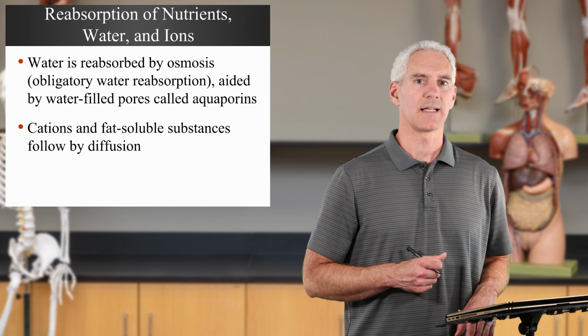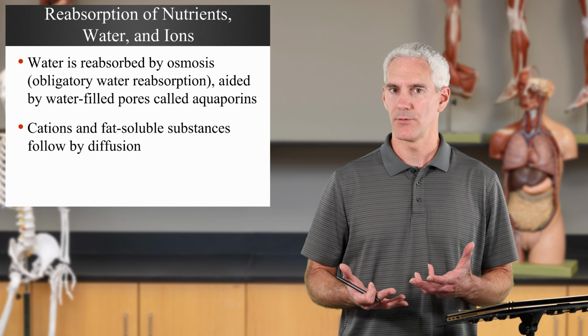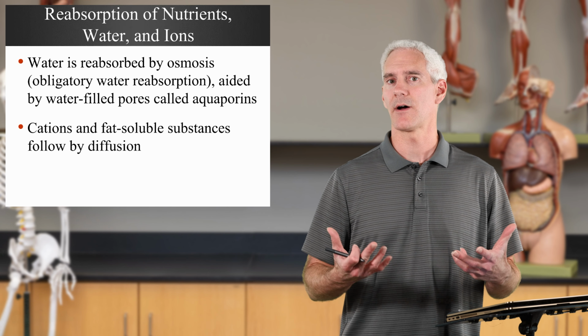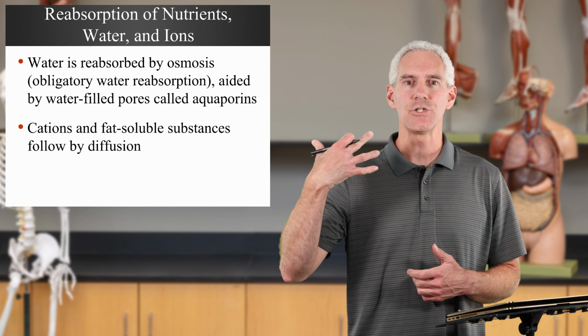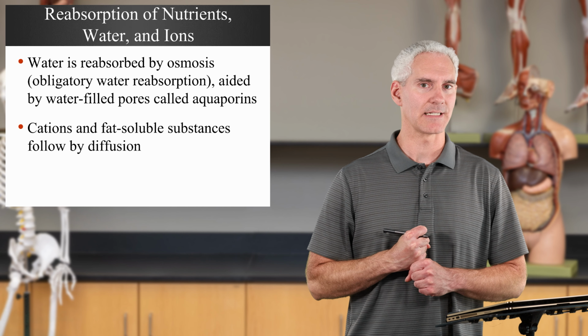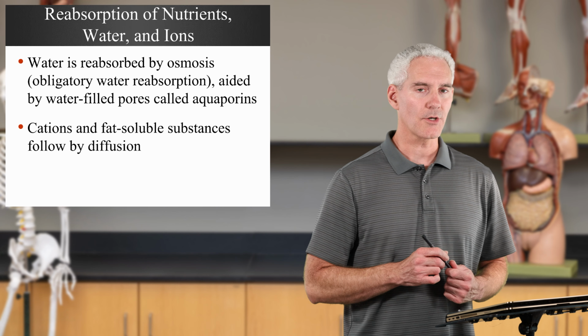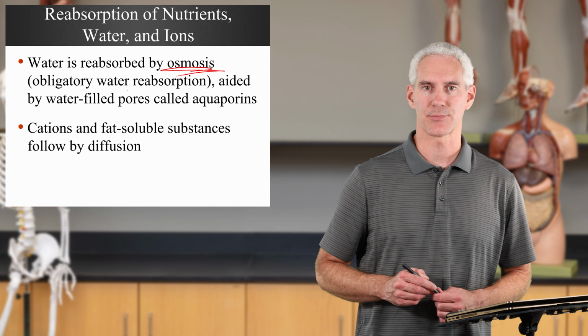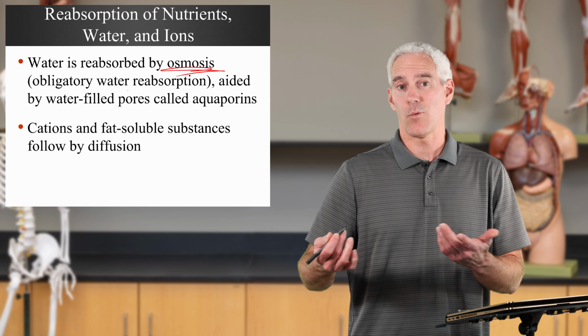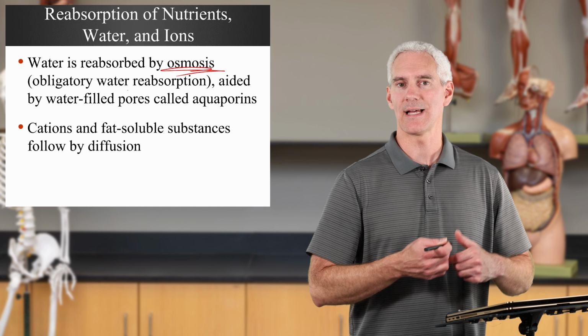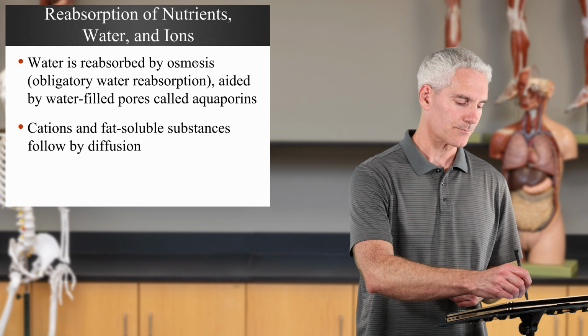Now, water itself. We know water is moving across because that's a huge amount of the plasma. But you need to reabsorb that water back into the blood because you don't want to excrete that much water. So water is reabsorbed through osmosis primarily. Basically, the water needs to go back because it's trying to dilute what's in the blood.